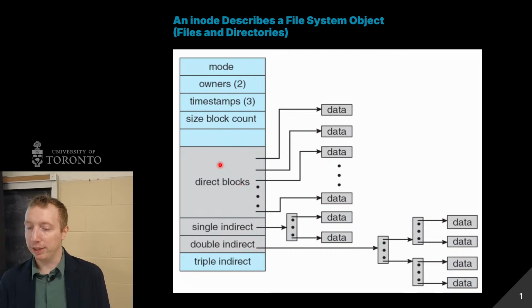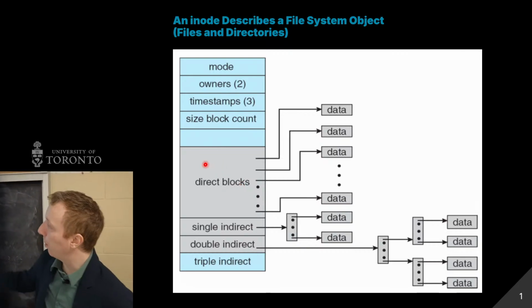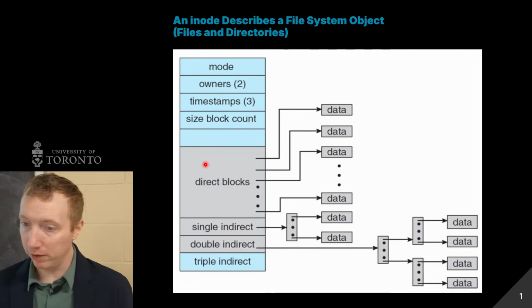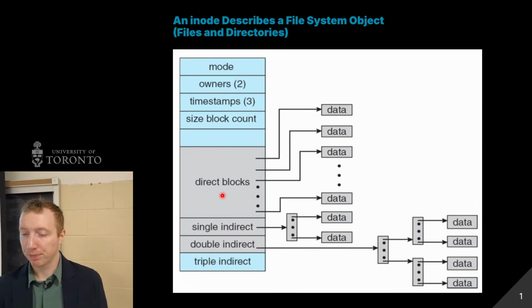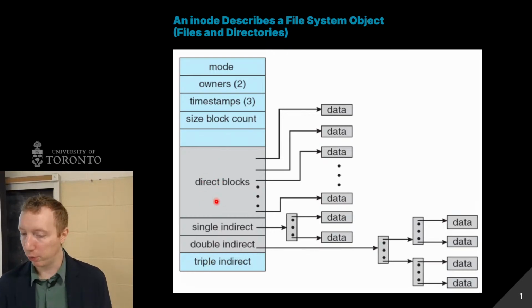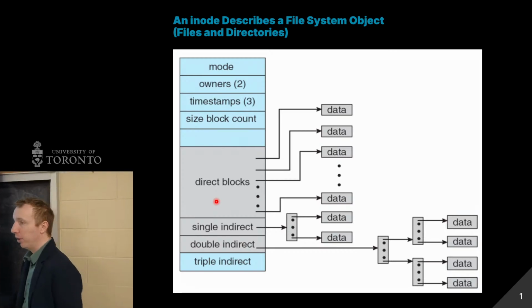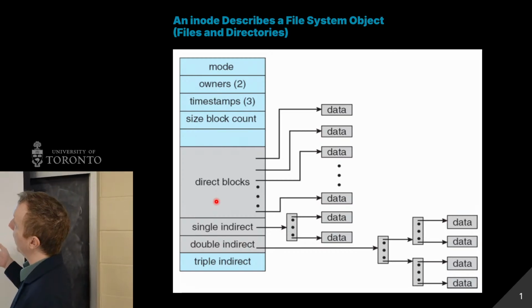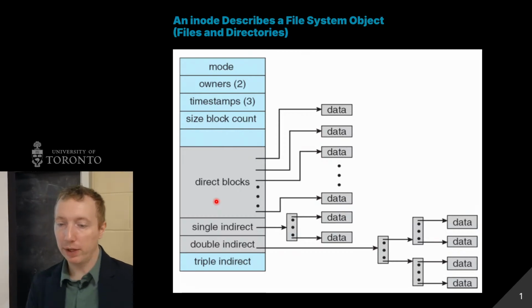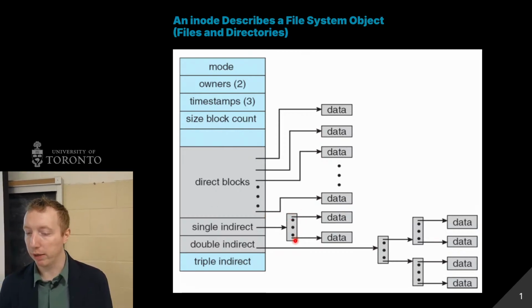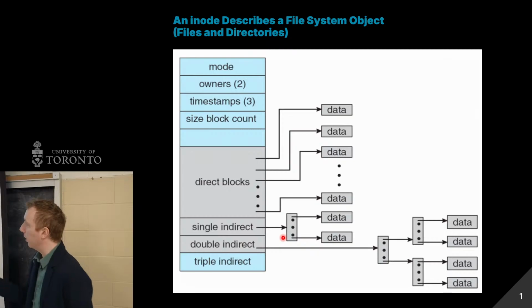The idea here is there are a whole bunch of pointers stored on the inode itself, usually 15. And usually 12 of them are reserved to point directly to blocks, so that if the file is small, it doesn't have to waste a block of data on the disk to store its array.